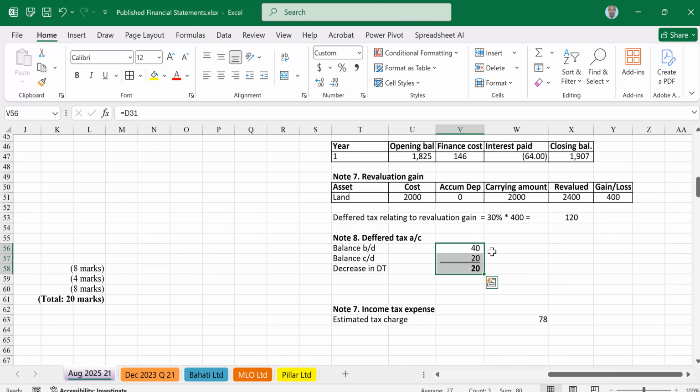Brought down 40, carried down 20. Now the other one of 120 is going to affect the asset, the revaluation that we'll be reporting. That is where the 120 is going to affect.